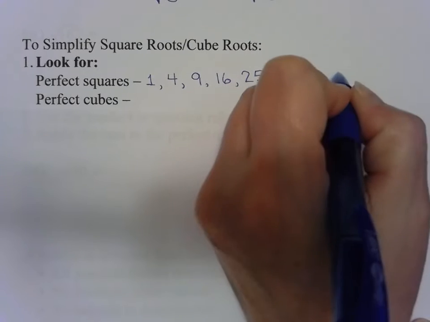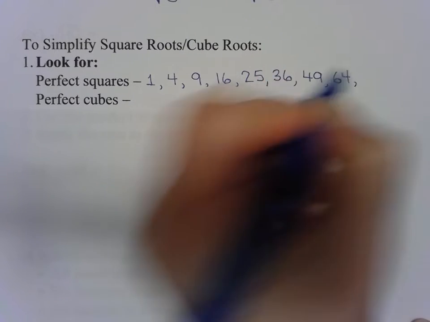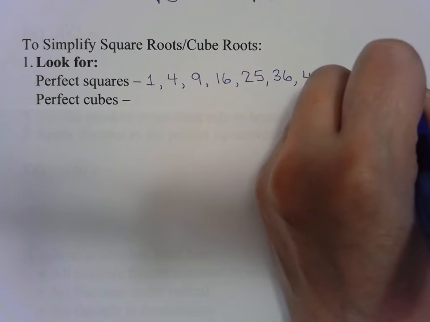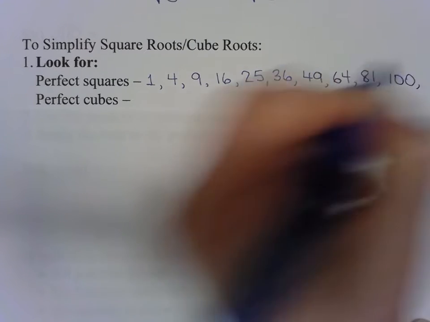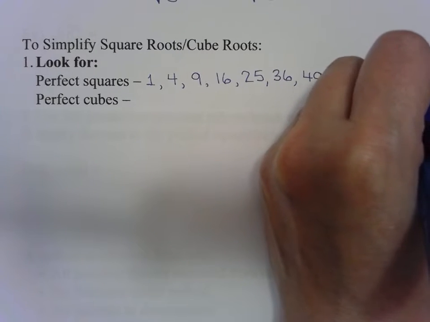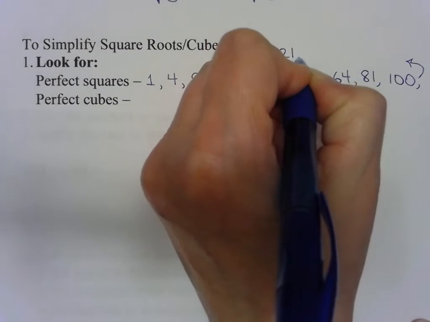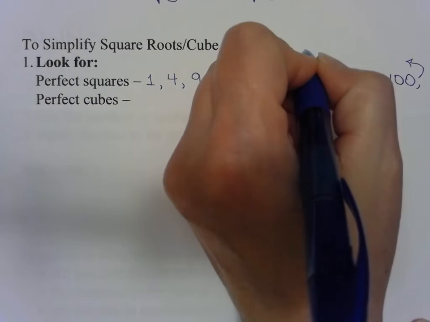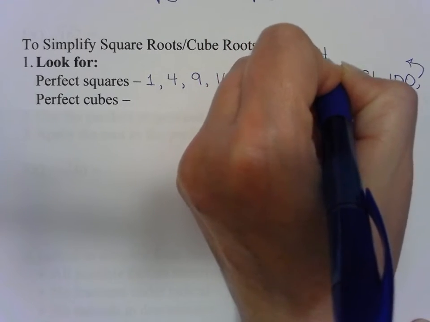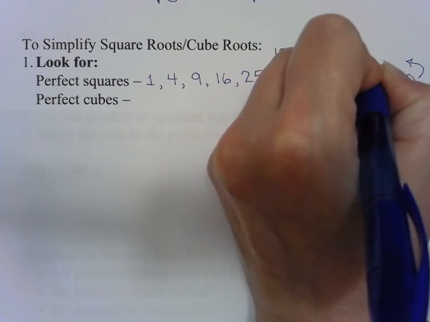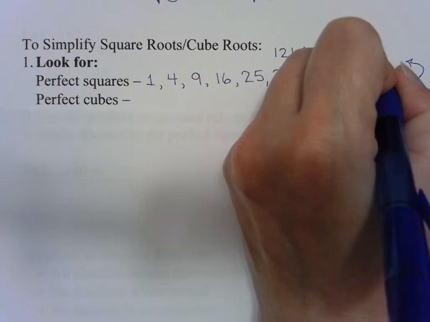We're up to 8 times 8, 64, 81, 100. I'm going to go up here. Okay, 11 times 11 would be 121. 12 times 12, 144. 169. Okay, those are all the ones I know.